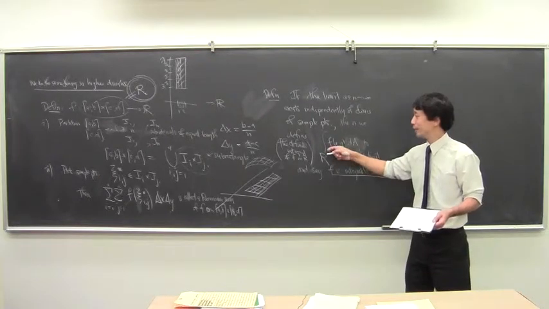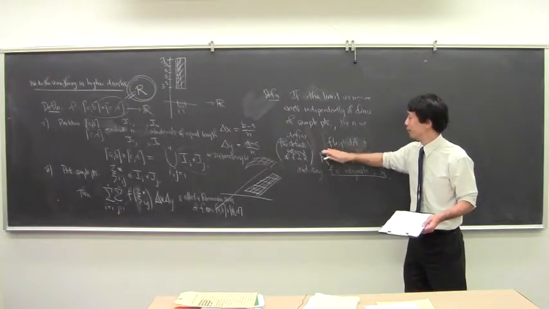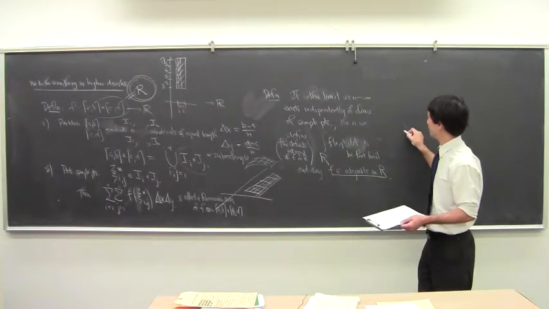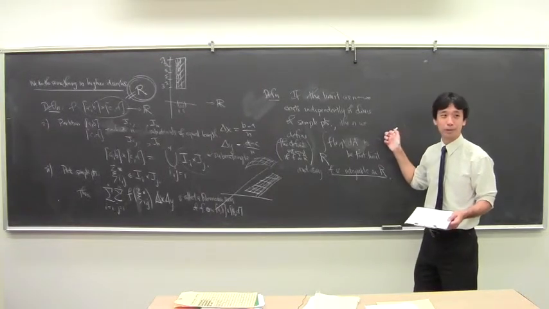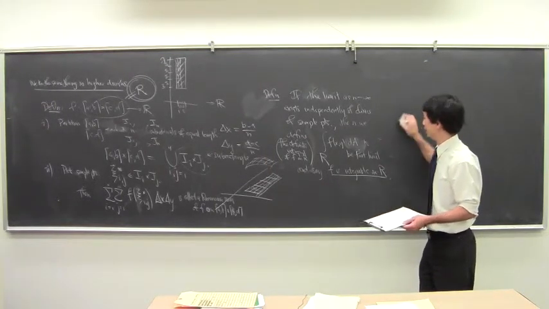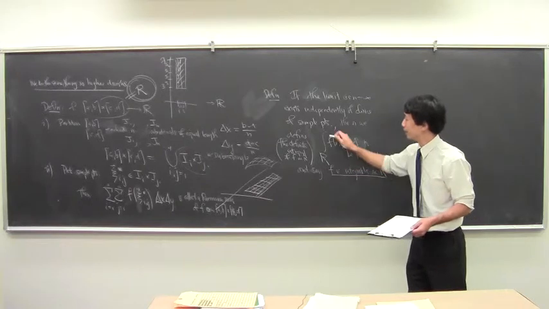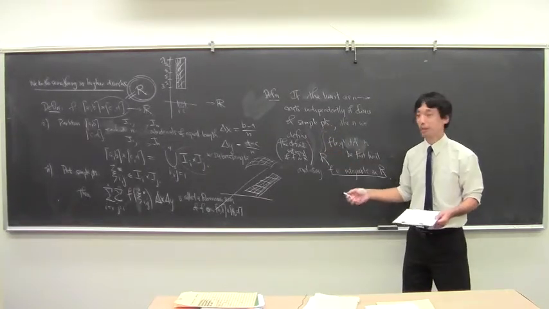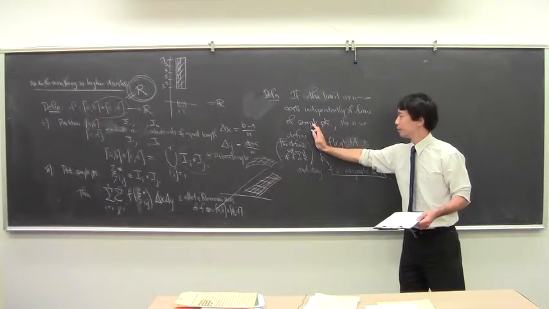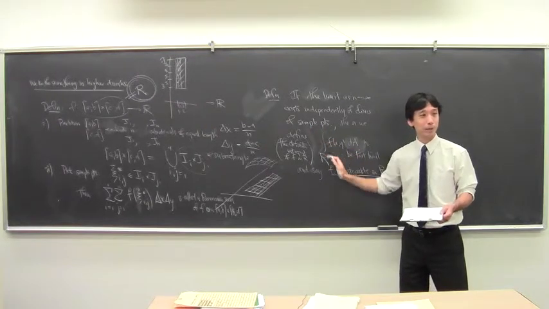So later on we'll see that in fact this integral is equal to an integral of an integral. That's why we use the double integral here. But in some sense, it's confusing. Why are there two integrals?